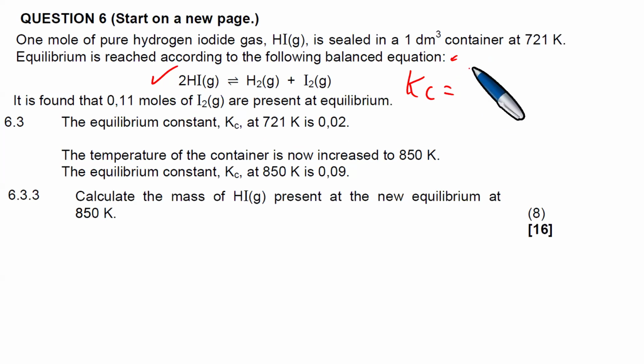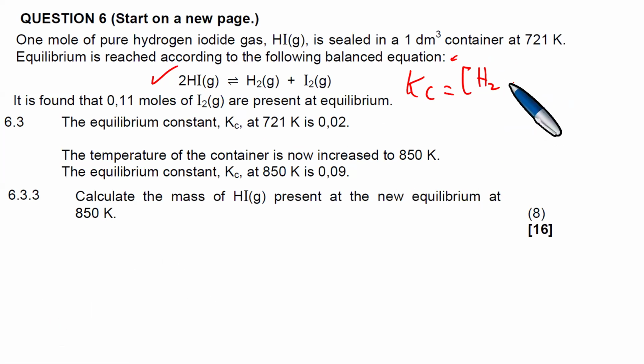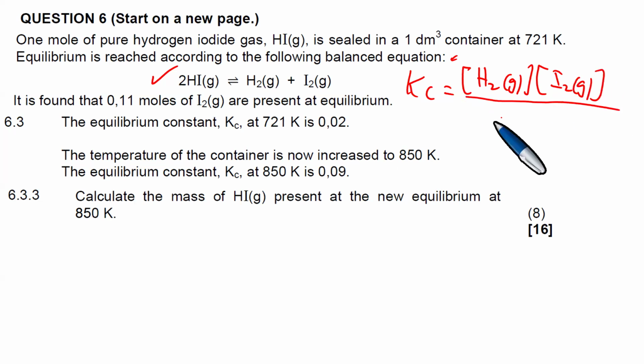Now the Kc: concentration of hydrogen. We're taking the products, hydrogen and iodine, and we divide by the hydrogen iodide gas.